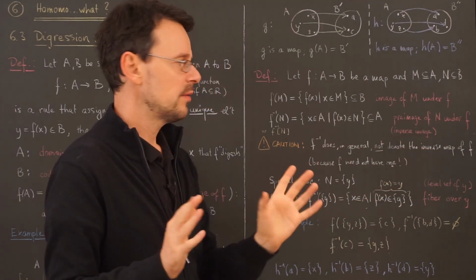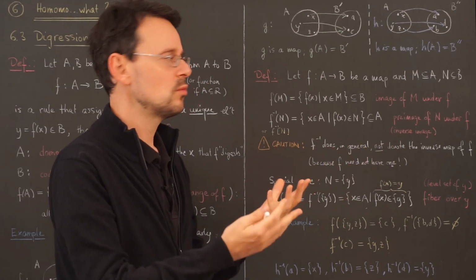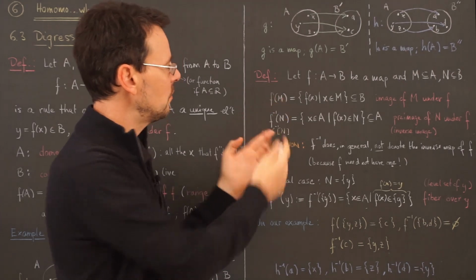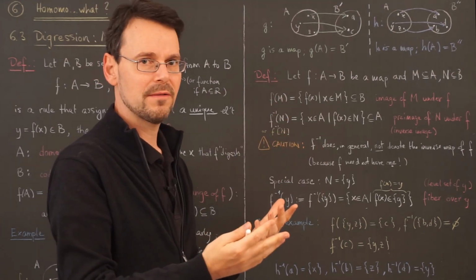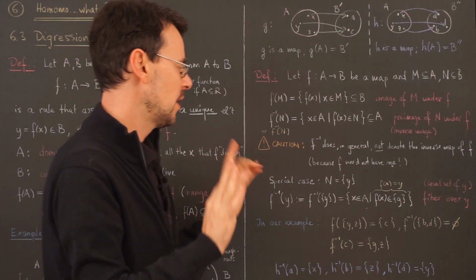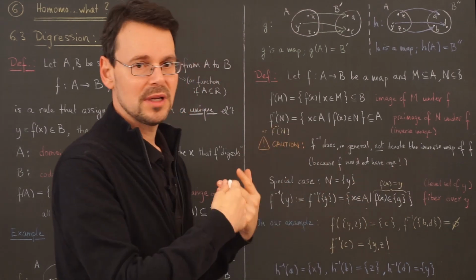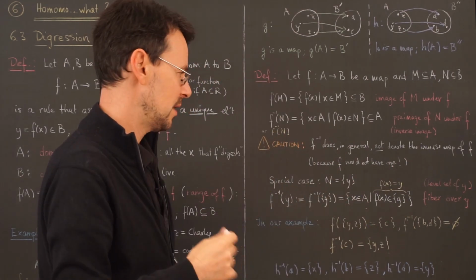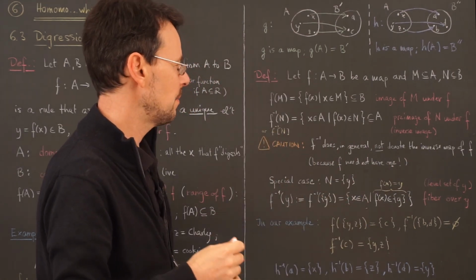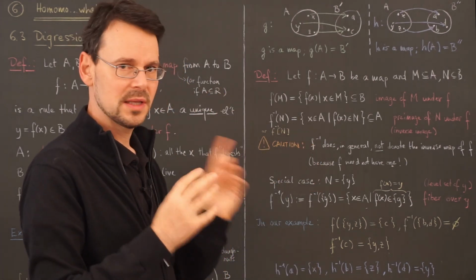Now we have to be very cautious because we already know the concept of inverses in a group. And this suggests that f inverse is clearly the inverse of f, the inverse map. This is not true in general because a map F does not need to have an inverse. We're going to talk about that in some minutes. But this here does not mean F inverse in the group sense.